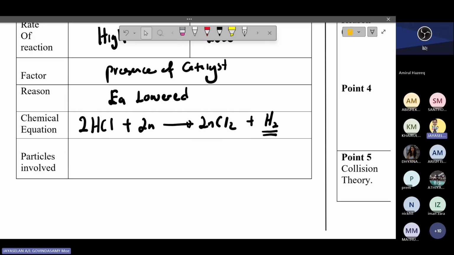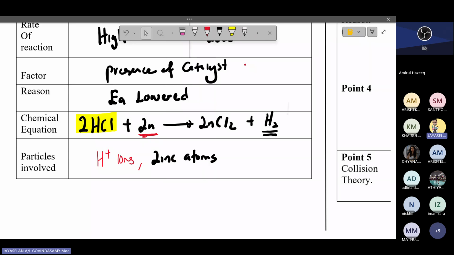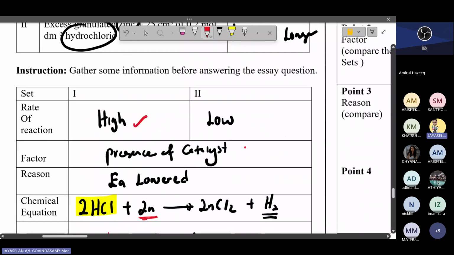Okay, now I want to get the particle. From hydrochloric acid, you take what particle? Hydrogen ion. When you see one capital, one small, you take what particle? Zinc atoms. Any question? So in your explanation, which one you have to explain? The rate of reaction set 1 higher than set 2.